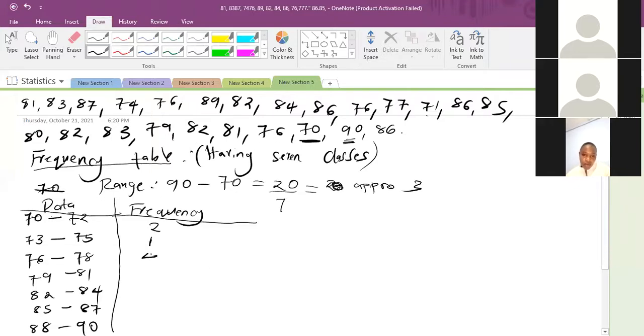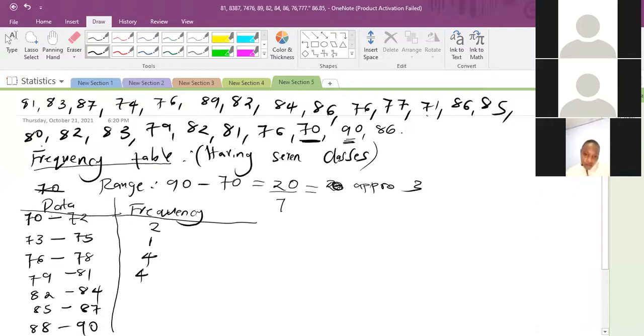So we have 4. Then 79 to 81. We have 81 over here, this is 1, 2, because this is 80, so 2, 3, 4. So that's it. These are 4 values.